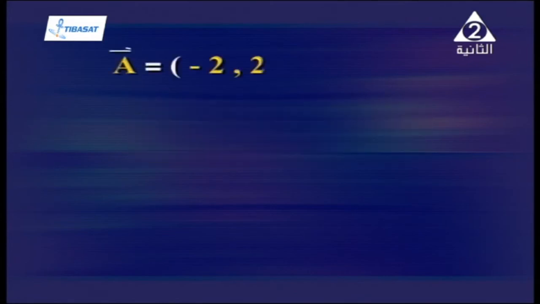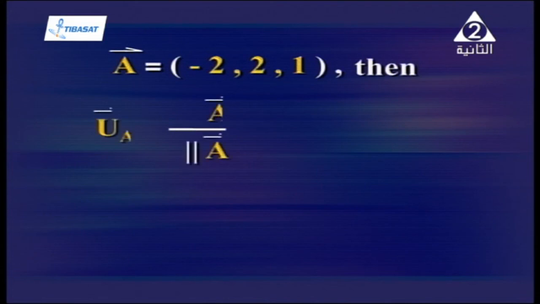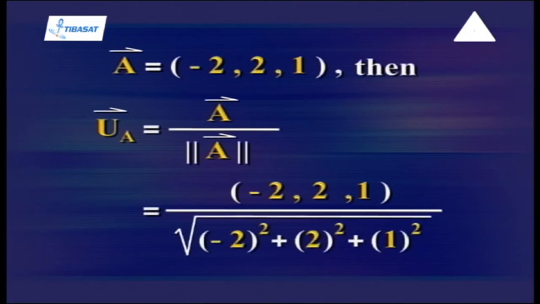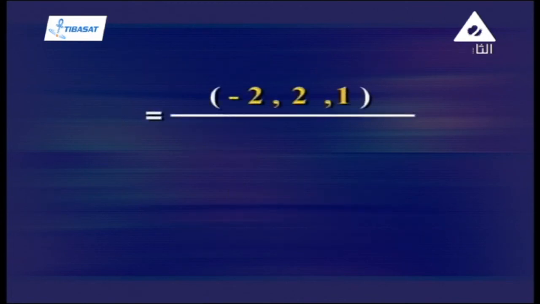Example. If we have the vector A (-2, 2, 1), the unit vector equals the A vector over the norm of A. What is the vector A? (-2, 2, 1). What is the norm of A? The square root of negative 2 to the power 2 plus 2 to the power 2 plus 1 to the power 2 equals what? 3.